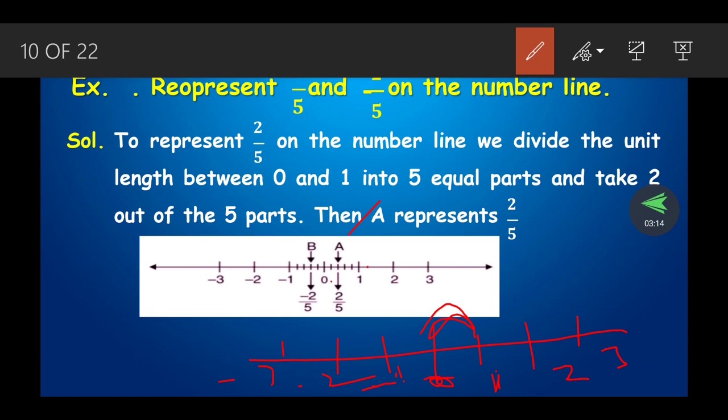So here 0 to 1, 0 to minus 1, whatever distance is there, it is divided into 5 equal parts. And the second part out of 5 parts is represented with the symbol B, which stands for minus 2 by 5.